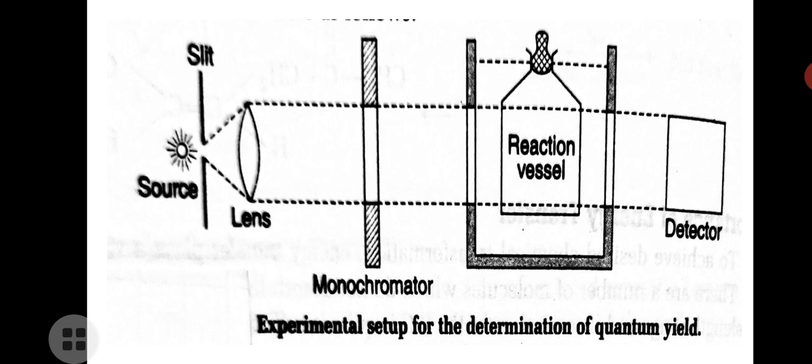The experimental setup is shown in the figure. First there is a source, then a slit, lens, monochromator, reaction vessel, and detector. So just have a look, draw this figure, and then we'll study this in detail.